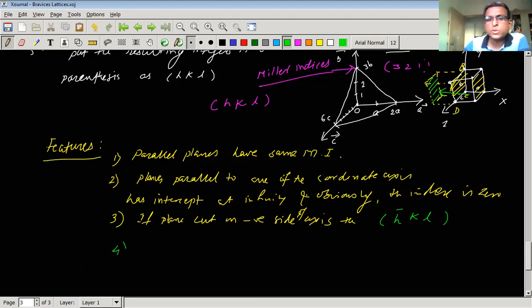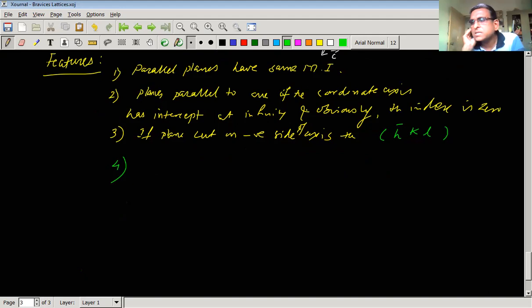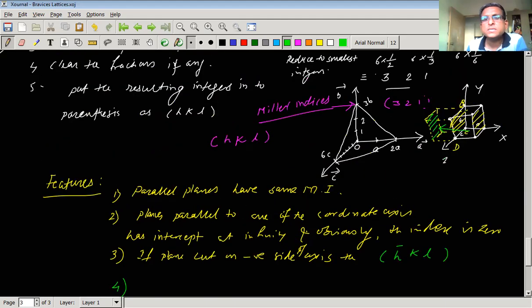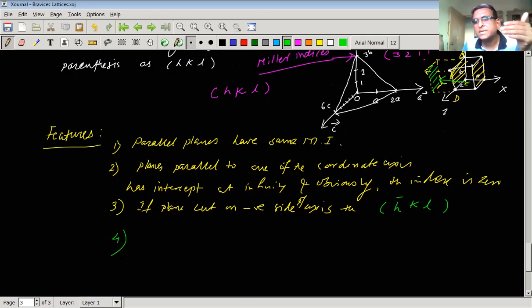Similarly, the fourth feature is that the faces of a cubic crystal are 100 type if we calculate the indices of the cube. Here these are the faces A, B, C, and we know that a cubic crystal has 6 faces, so each face will have different indices.